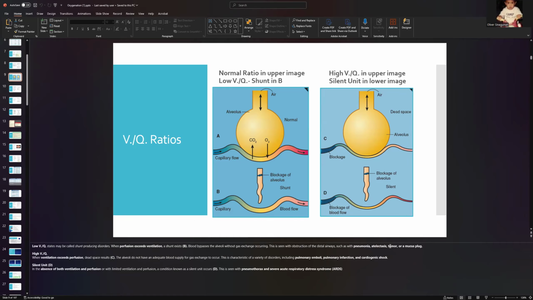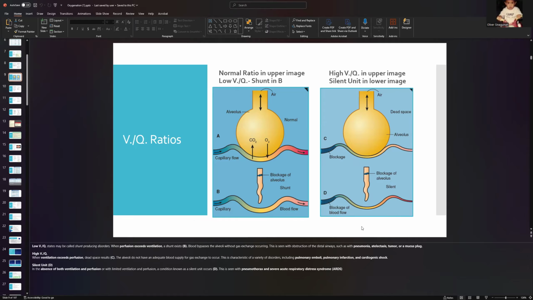With pneumonia or mucus plug, the alveolus would be filled with water or mucus, and gas doesn't really travel through thick water like that. It makes it harder. So the problem still lies on the alveolus part, the lung part, the air part.